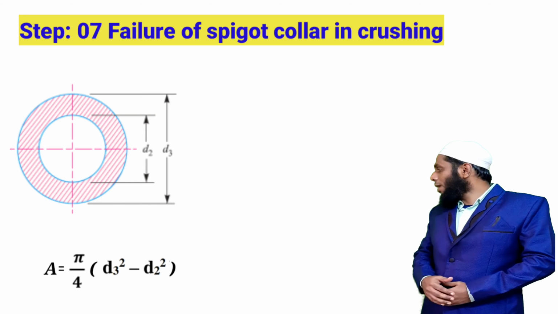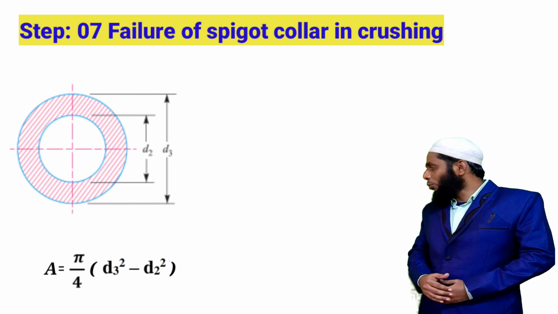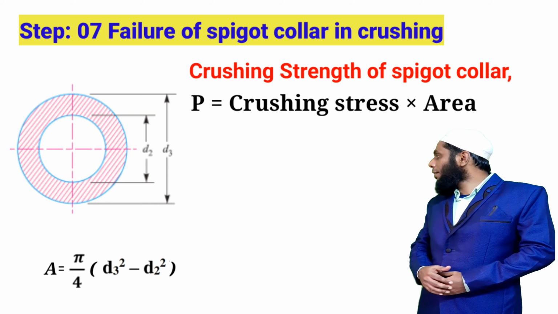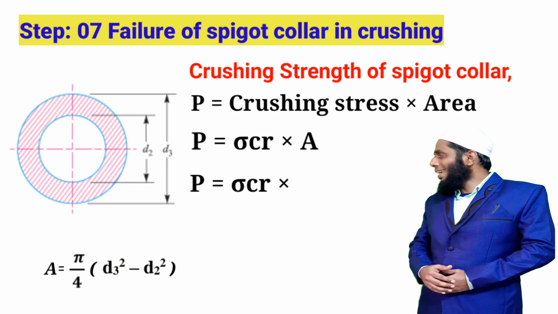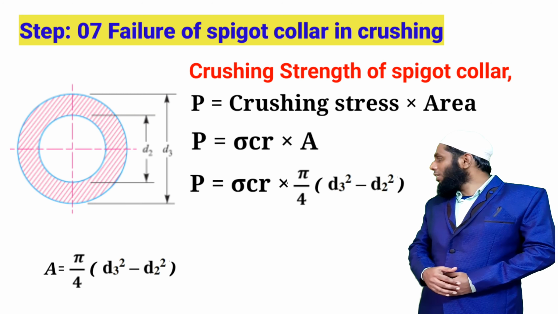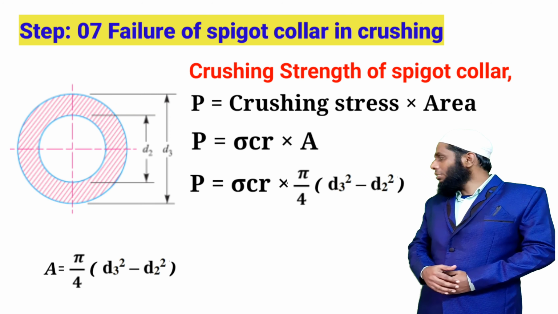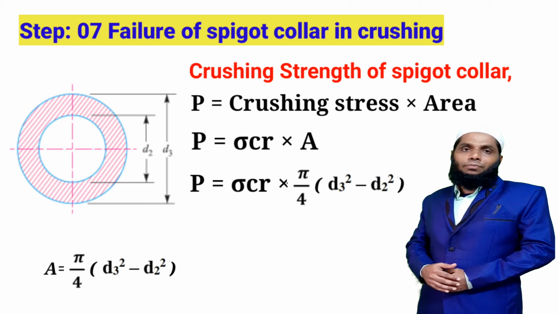Area is equal to pi by 4 (d3 square minus d2 square). So crushing strength of that spigot collar can be determined as P is equal to sigma CR into area. So P is equal to sigma CR into pi by 4 (d3 square minus d2 square). This is the crushing strength.